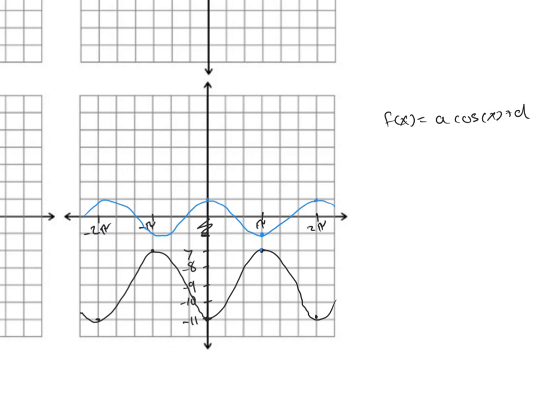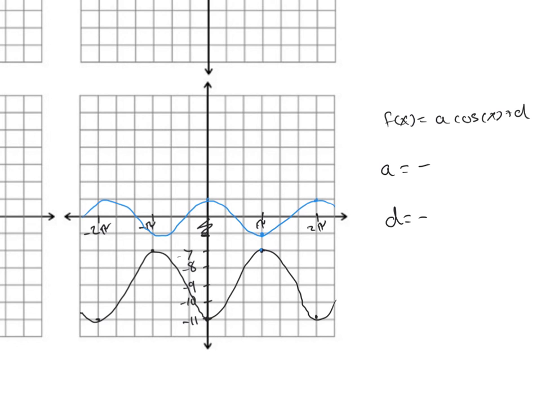I notice now that this is the inverse of that, right? It's an inverse. So my A is going to be negative. And I also know my D is going to be negative because it's a vertical shift downwards. I just got to find the midpoint of negative 7 and negative 11.